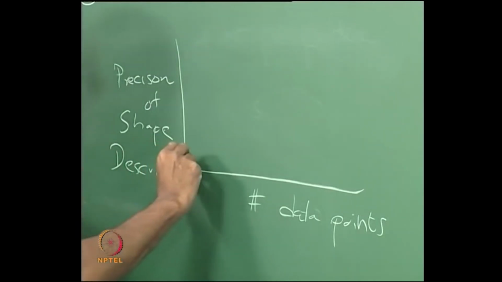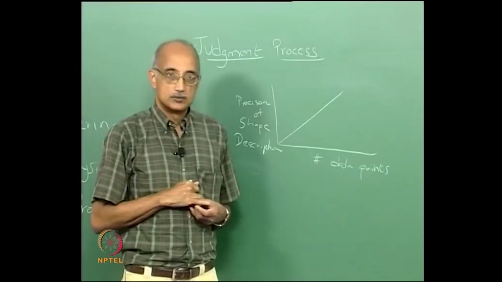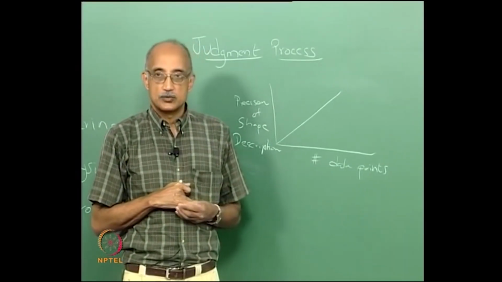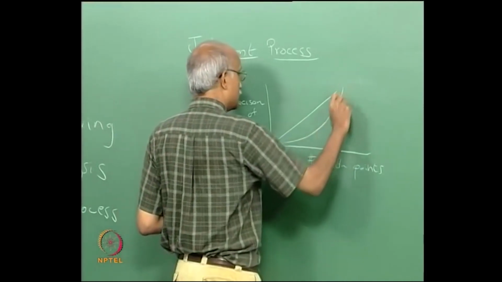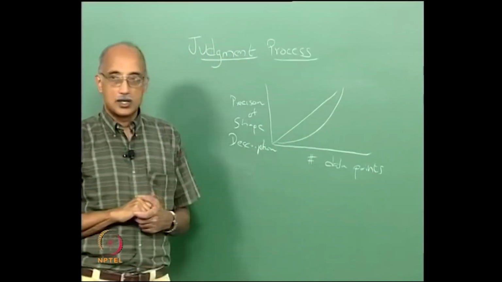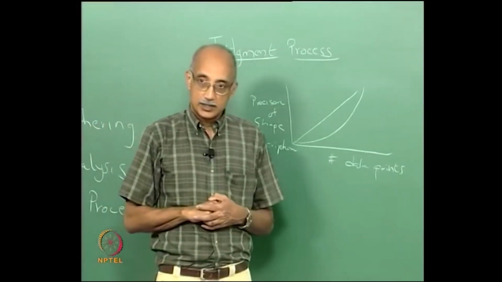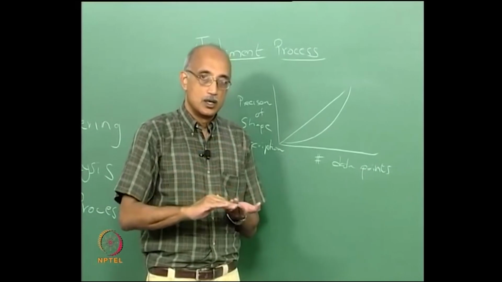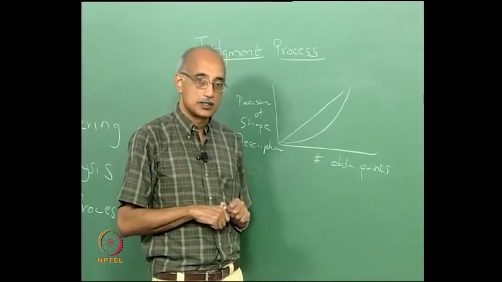Will it be linear? Would you expect that the more data points you take, the more information you keep getting? Or would you expect something like this, where initially for a large number of data points you don't get much information, but then once you reach a threshold, all of a sudden something dawns on you and you start recognizing what this particle is?